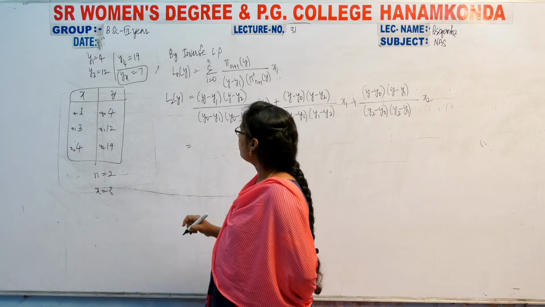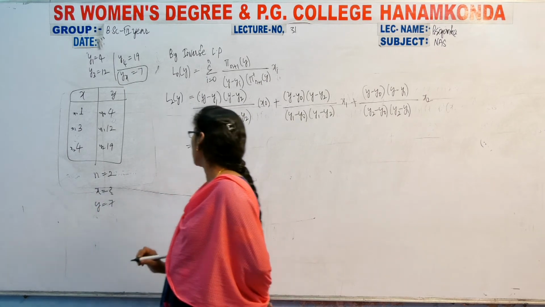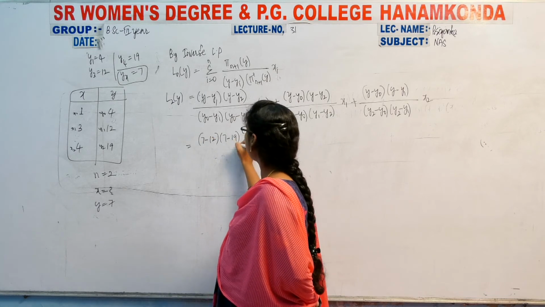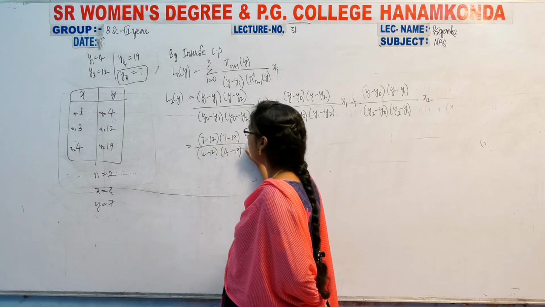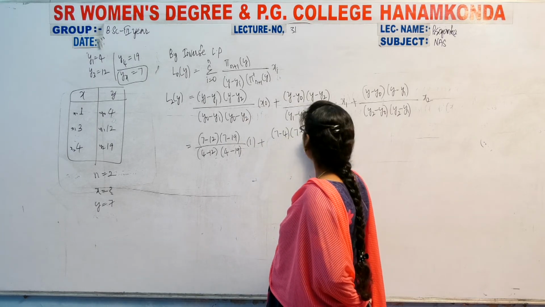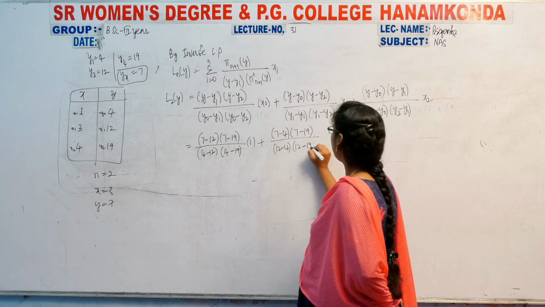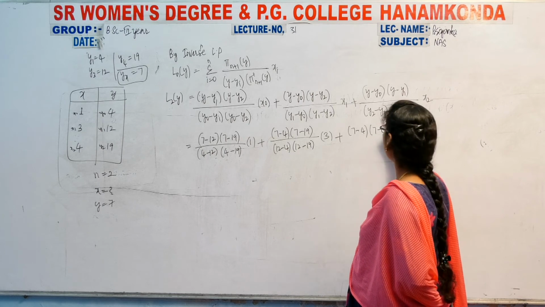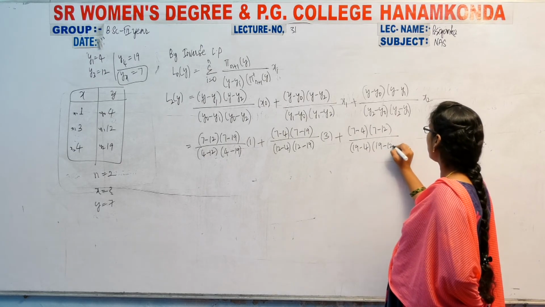Okay, so now what is y here? We don't know, of course; here y is equal to 7. So 7 minus 12, 7 minus 19, by 4 minus 12, 4 minus 19, into x naught, which is 1, plus 7 minus 4, 7 minus 19 by 12 minus 4, 12 minus 19, into 3, plus 7 minus 4, 7 minus 12 by 19 minus 4, 19 minus 12, into x2.